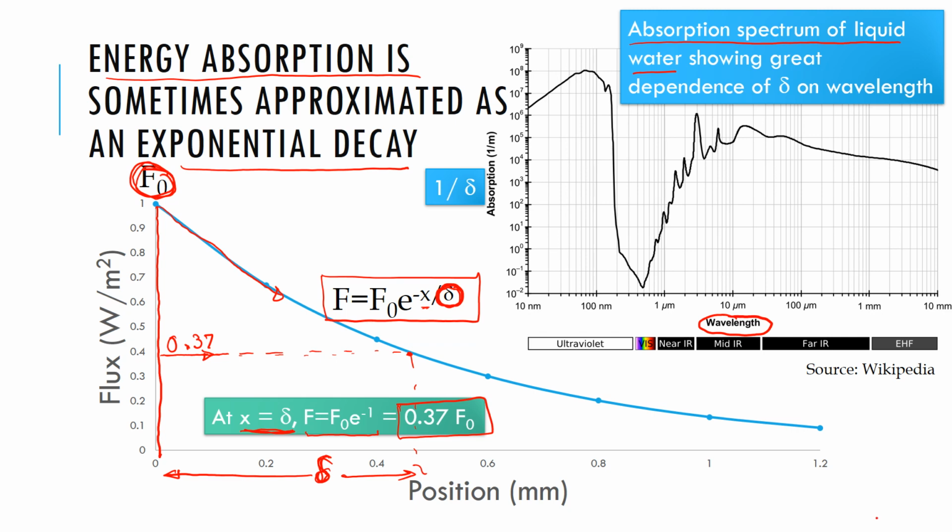It shows that delta, and in this case the plot is of 1 over delta, varies so significantly with wavelength. You can see that it's many orders of magnitude variation. This is used to advantage for medical purposes, for example, and it has many other biological implications.